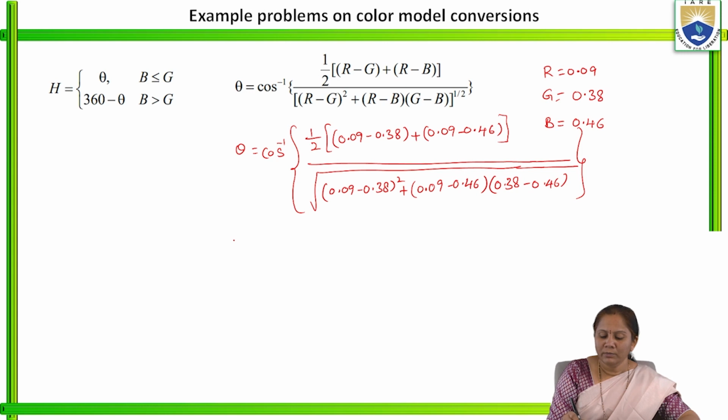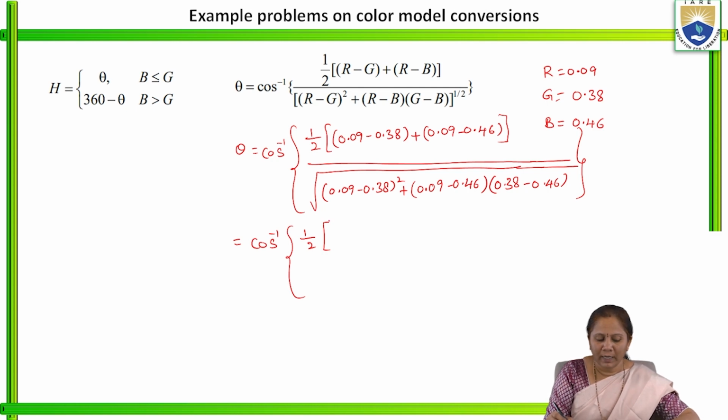Now here, cos inverse of 1 by 2. The difference 0.09 minus 0.38 needs to be calculated.